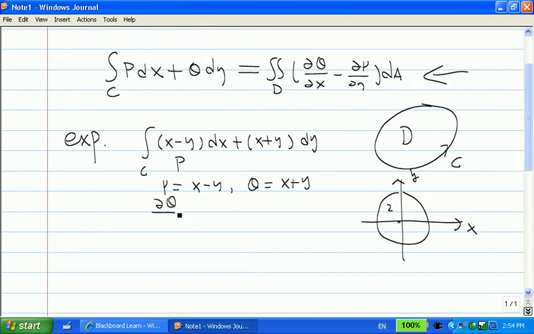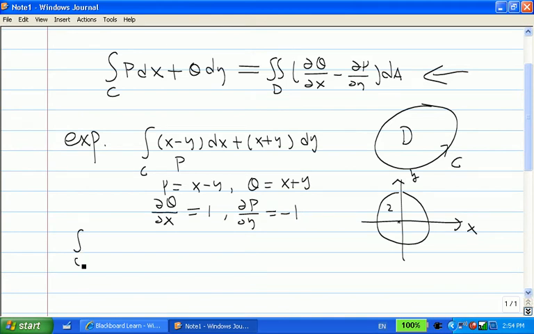And the partial Q with respect to x, you treat y as a constant, gives you 1. And the partial P with respect to y gives you minus 1. You treat x as a constant.